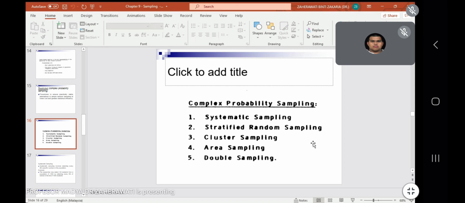So maybe the operation department only has 100. You already clusterized by stages: out of 1,000 population, the first stage down to 500, and from 500 down to 100. You choose the 100 because you want to know the satisfaction only for this operation department, which might be the best justification.